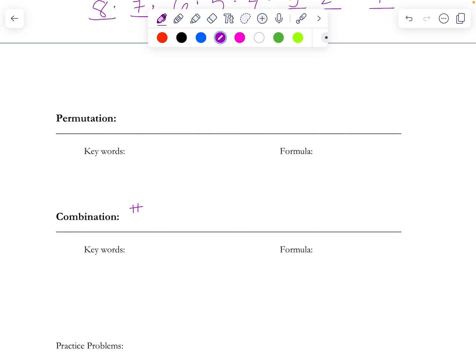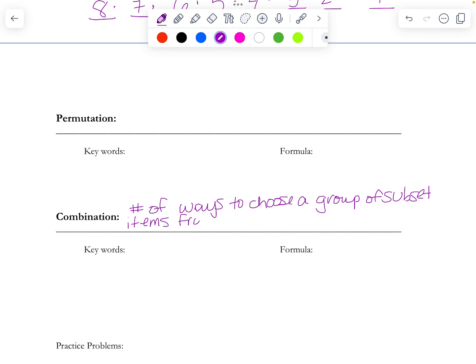Combination is the number of ways to choose a group of subset items from a larger group. And order does not matter.